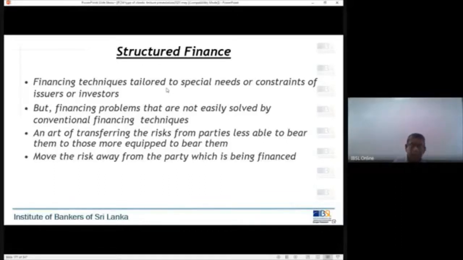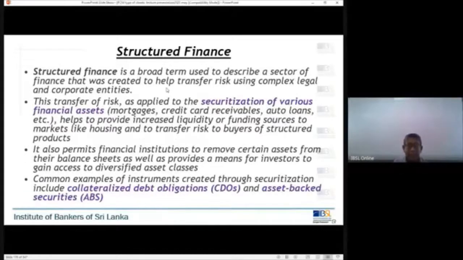Now, there are two types of structured finance. It's called the securitization process, right? Just try to understand this asset-backed securities, a very risky product.